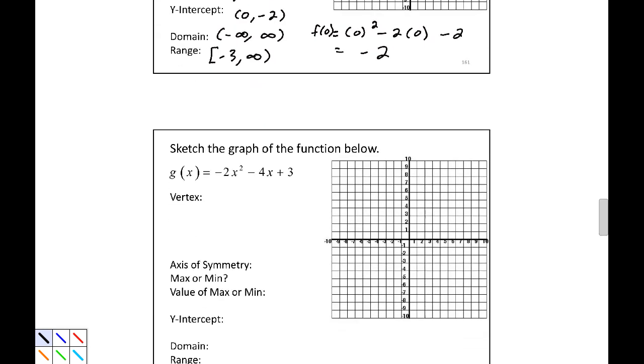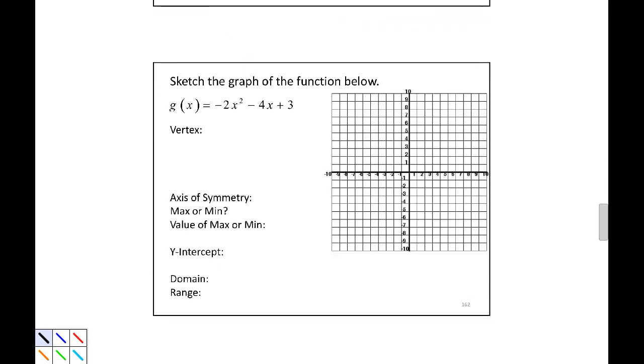Let's look at one more example. Sketch the graph of this function. G of x equals negative 2x squared minus 4x plus 3. Now let's identify a, b, and c. A for this function is negative 2, b is negative 4, and c is positive 3.